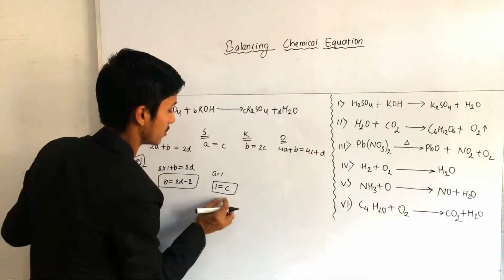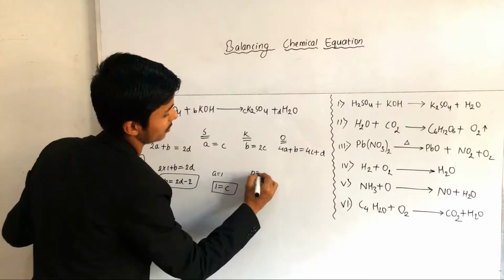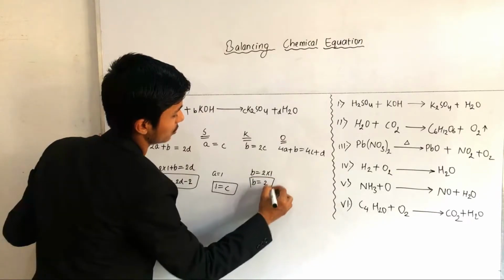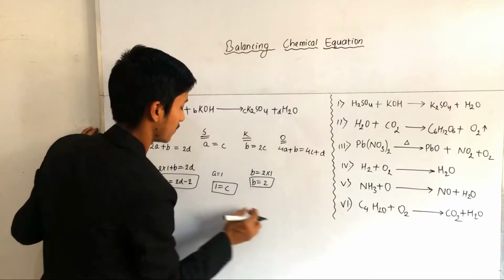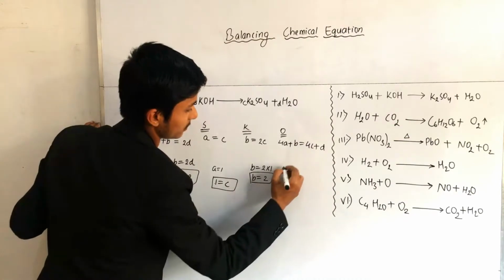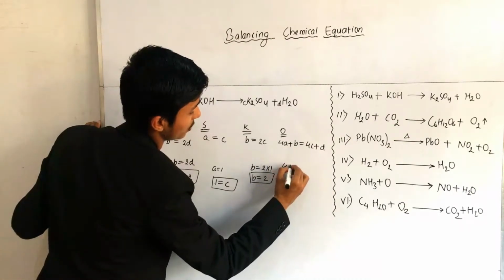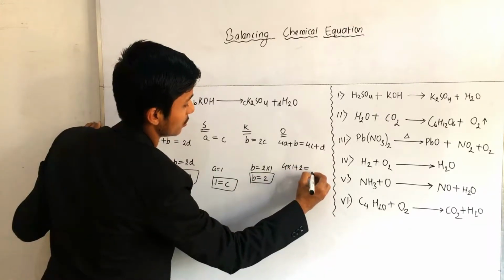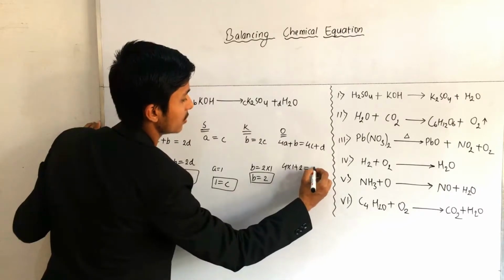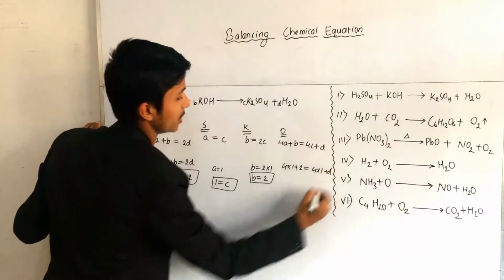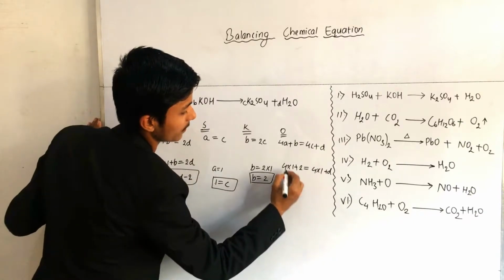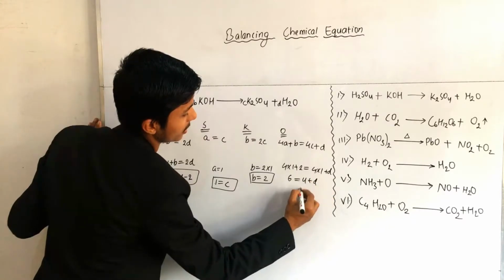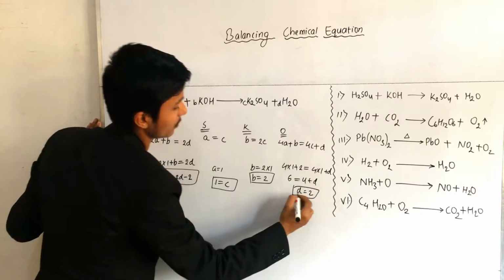Now we put the value of C in this. Then we get B is equal to 2 into 1, so B is equal to 2. Similarly we put the values of C and B in the oxygen equation: A is equal to 1 and B is 2, so 4 into 1 plus 2 is equal to 4 into 1 plus D. Here 6 is equal to 4 plus D, so D is equal to 2.